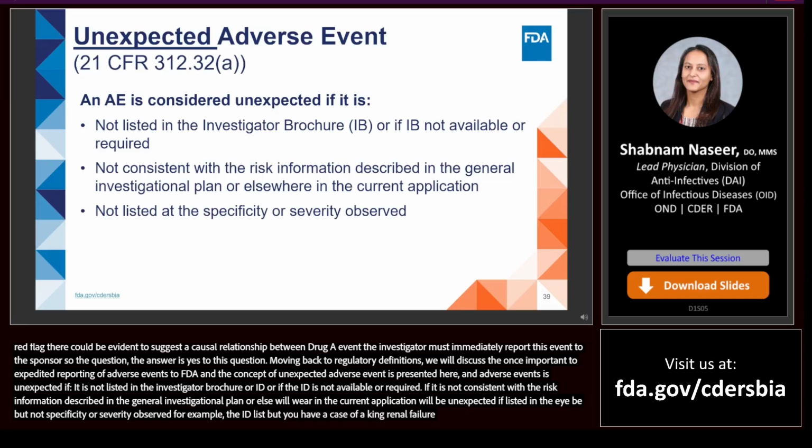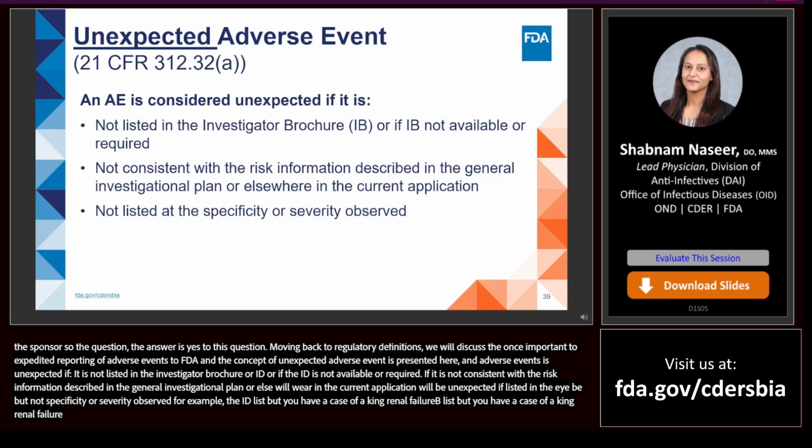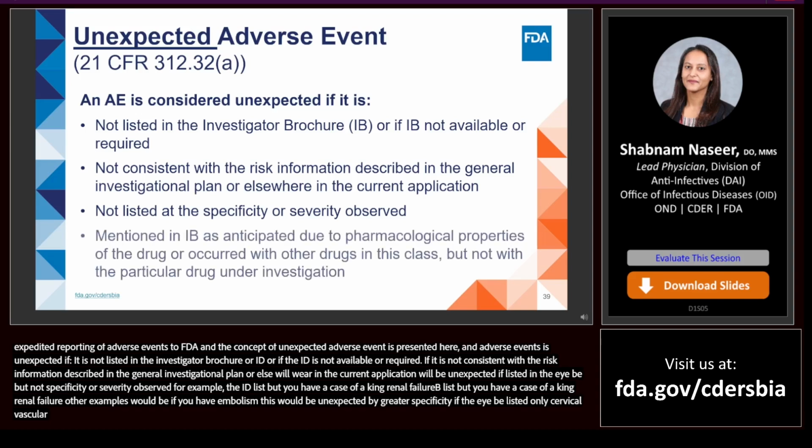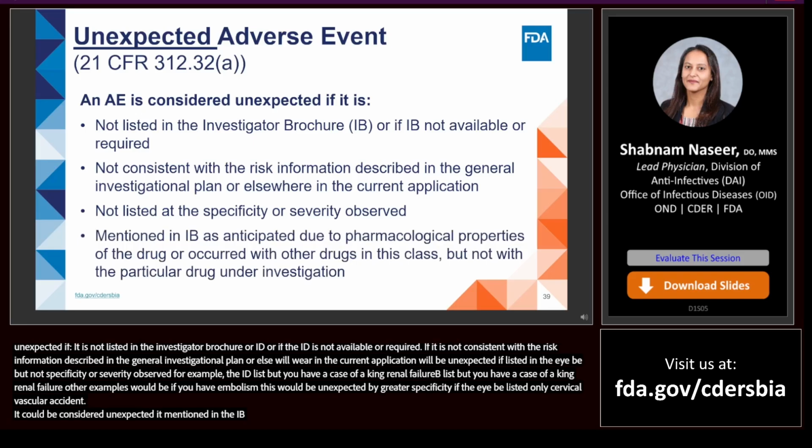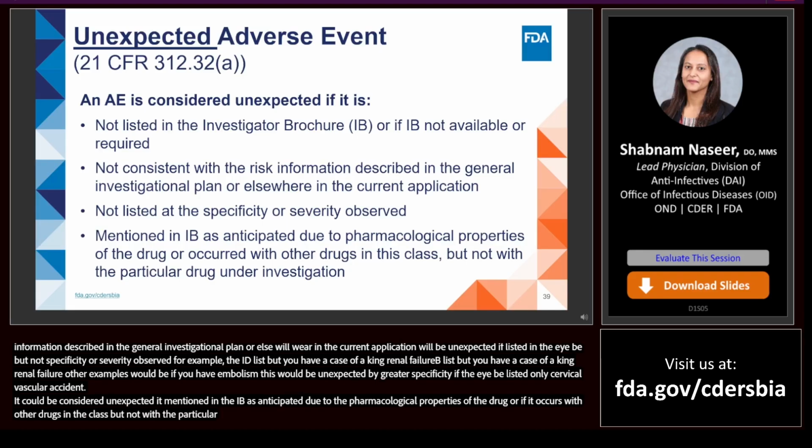Other examples would be if you have a cerebral thromboembolism, and this would be considered unexpected by virtue of greater specificity if the IB listed only CVA or cerebrovascular accident. And it could also be considered unexpected if it's mentioned in the IB as anticipated due to the pharmacological properties of the drug, or if it occurs with other drugs in the class, but not with the particular drug under investigation.